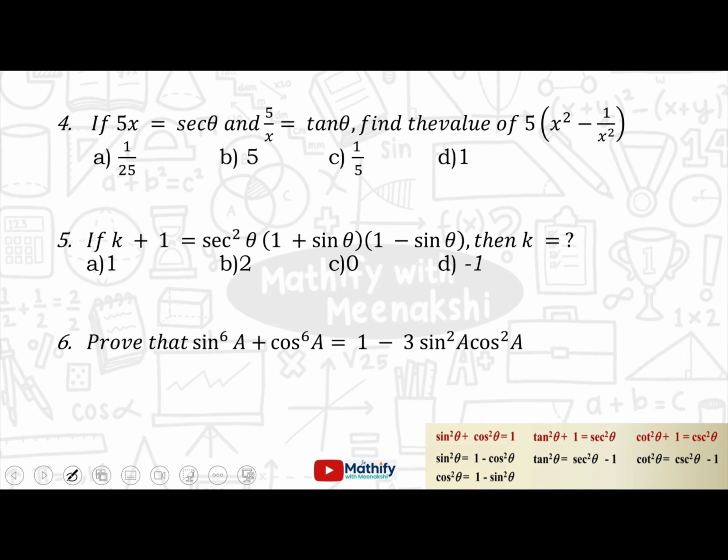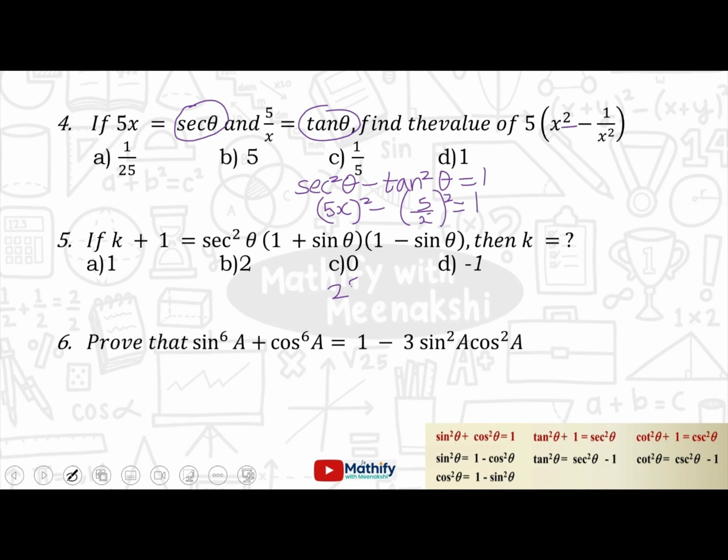Question number 4. Again, it's given that 5x is sec theta and 5 by x is tan theta. Whenever sec theta and tan theta are involved and squares are there, just use the identity sec square theta minus tan square theta is 1. Just put the values here. 5x whole square minus 5 by x whole square is 1.